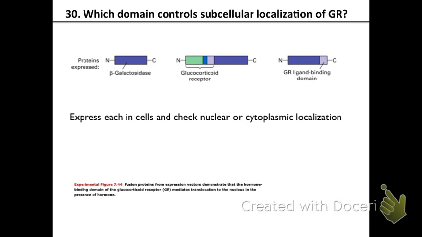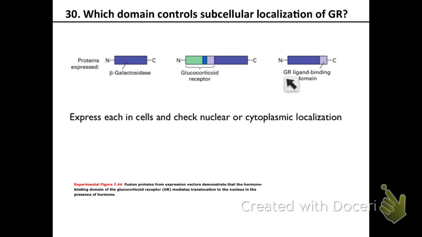Okay? In this case, the negative control is just the reporter itself. So what you can do is express beta-galactosidase by itself. As a positive control, you can fuse the glucocorticoid receptor to the beta-galactosidase. When I say fuse, that means you're just making one protein that contains both of these.